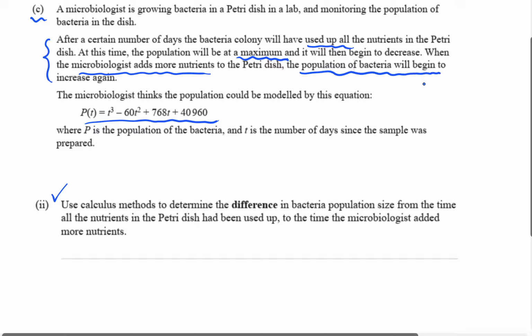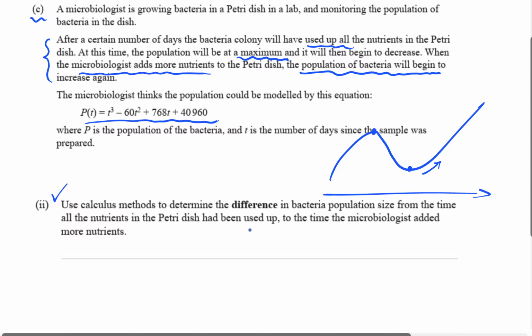It begins to increase, which means at this time, although it doesn't say, we should know it's at the local minimum point. So one point is a maximum, another point is a minimum.